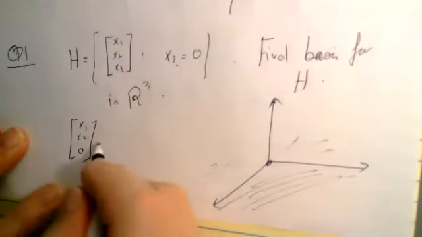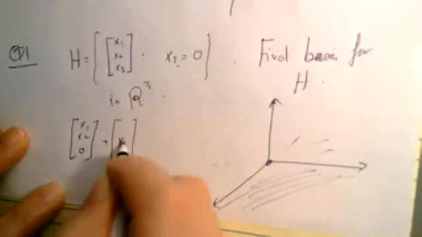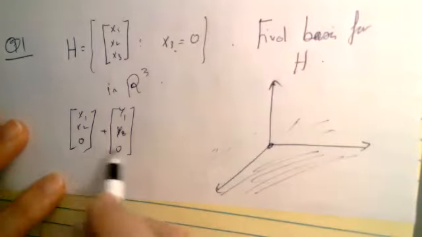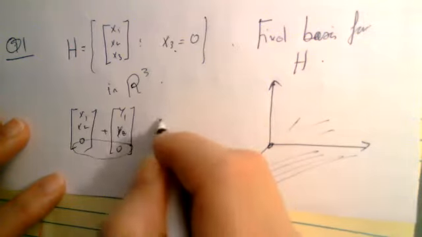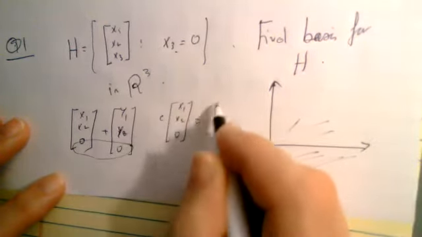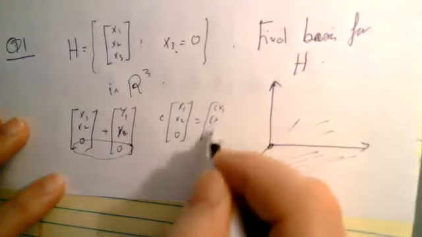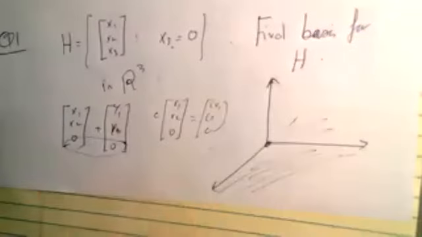If I take 2 vectors that have this property and add them, of course, it's going to carry the same property because the third component is 0. If I take a vector that has this property and I scale it, the new vector will also have the same property because this is a 0 entry. So it's a subspace, it's a plane through the origin.